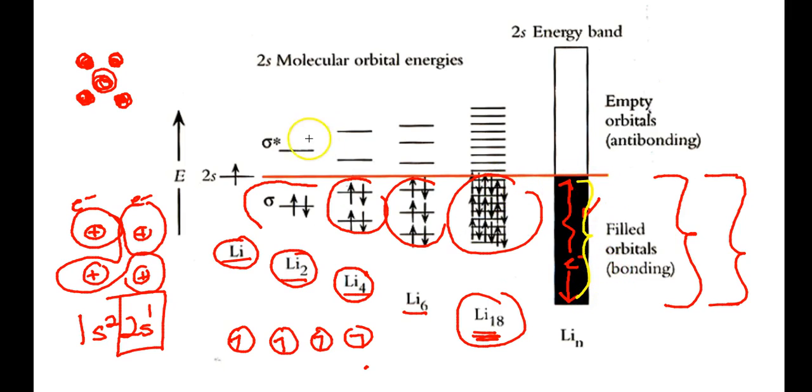Now, the anti-bonding region never gets any electrons in this scenario, because we're always adding an electron to another bonding orbital. So we have room here. But what's really important is the anti-bonding region also becomes a continuum. And we call this the conduction band. This is sometimes called the valence band.